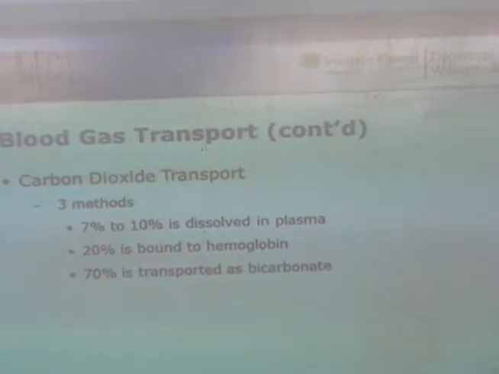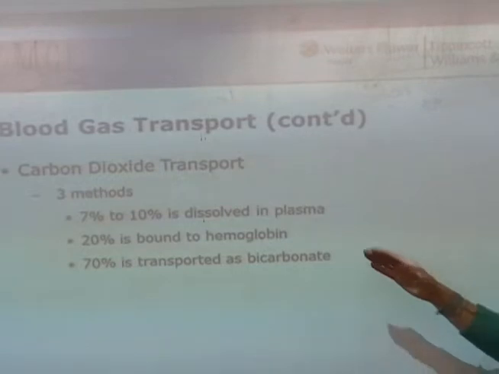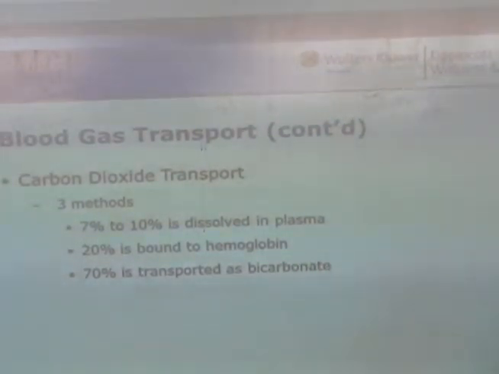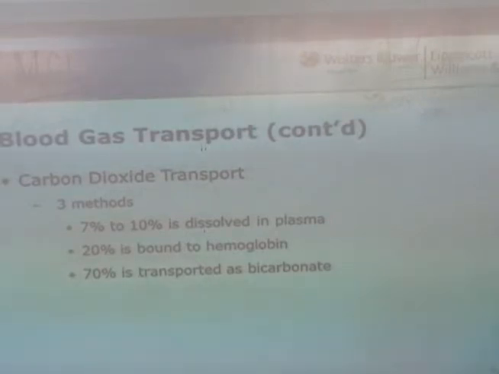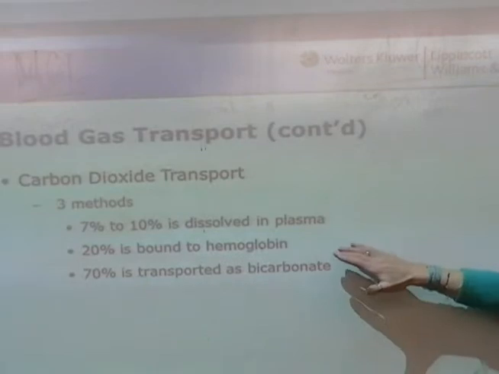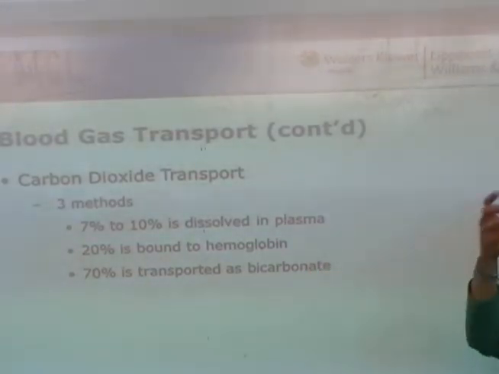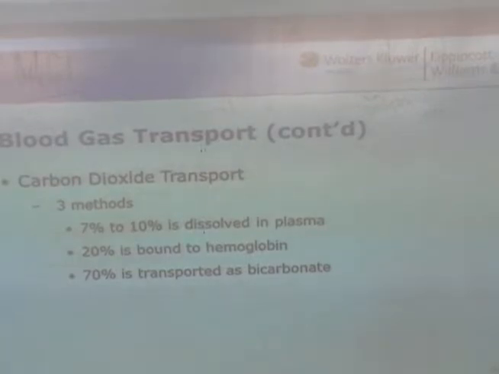Some of it can bind to hemoglobin, which seems a little contradictory because I want my oxygen bound to my hemoglobin, but actually they bind to different parts of the molecule so they don't interfere with each other. The vast majority of carbon dioxide gets split and transported as a bicarbonate and then reformed when it gets back to the lungs.